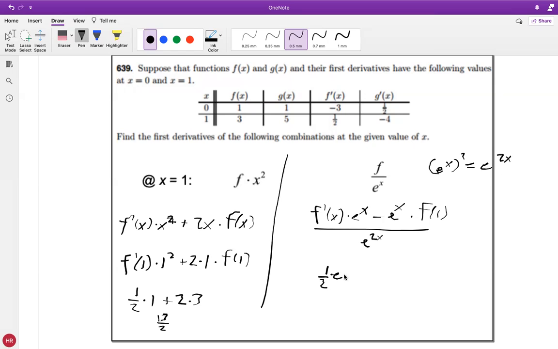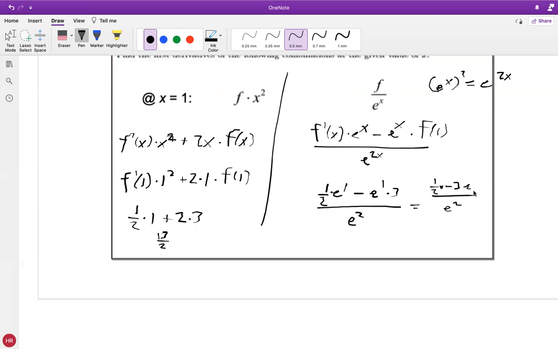So 1/2 times e to the 1, which is just e, minus e to the 1, which is just e, times f of 1, which is 3, all over e to the 2 times 1, which is 2, all over e squared. So that would be 1/2 e minus 3e all over e squared.